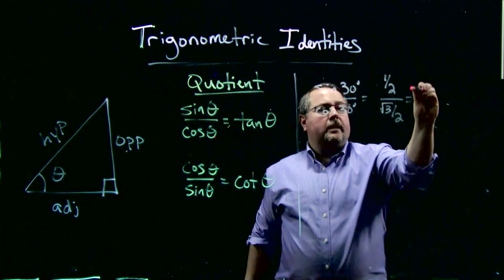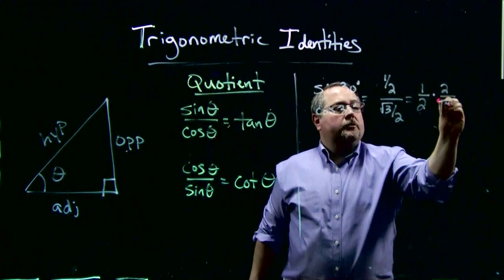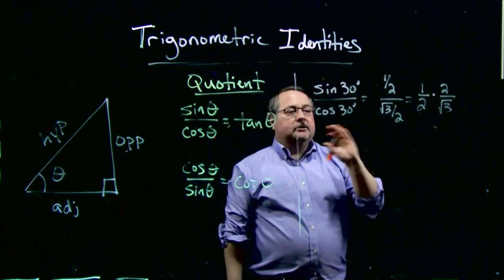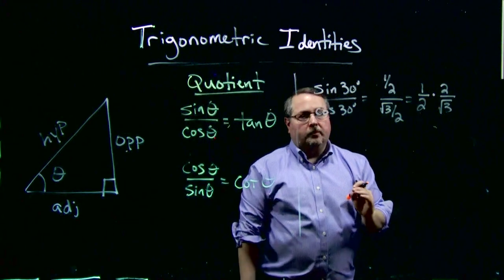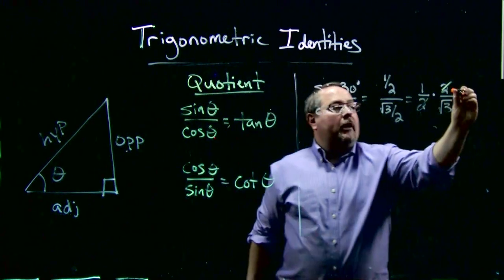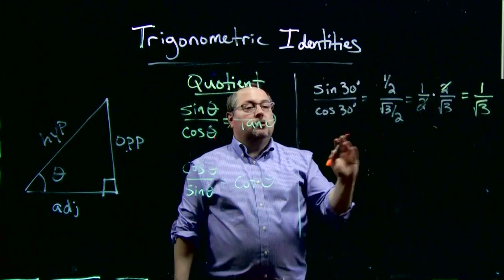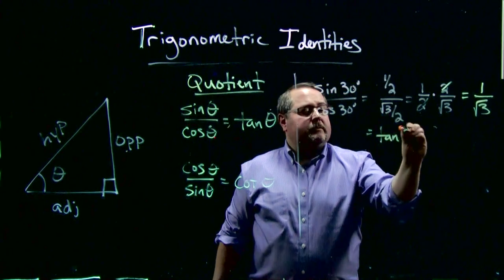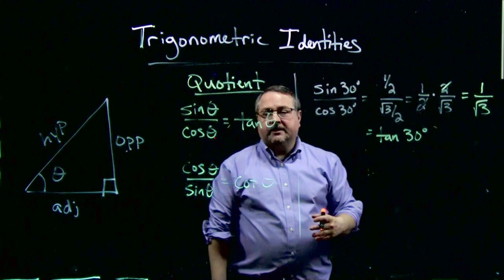Okay, so that's going to be 1/2 times 2 over the square root of 3, since dividing is the same as multiplying by the reciprocal, so dividing by root 3 over 2 is the same as multiplying by 2 over root 3. The 2's on the top and bottom cancel, and we're left with 1 over the square root of 3, which, remember, was the tangent of 30 degrees. Okay, so there's a specific example.